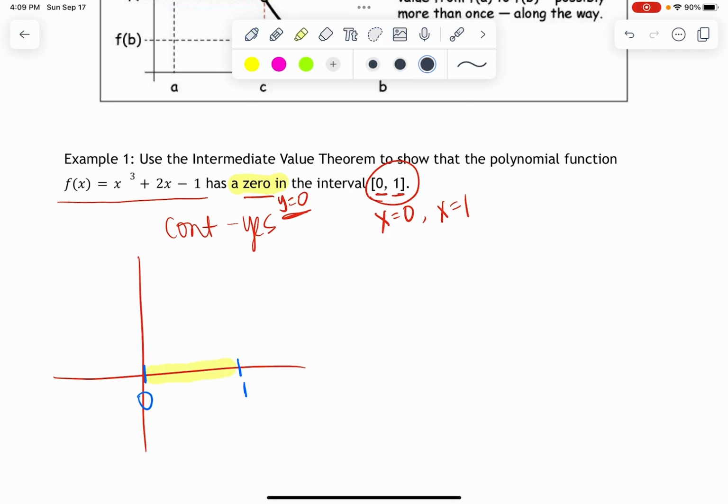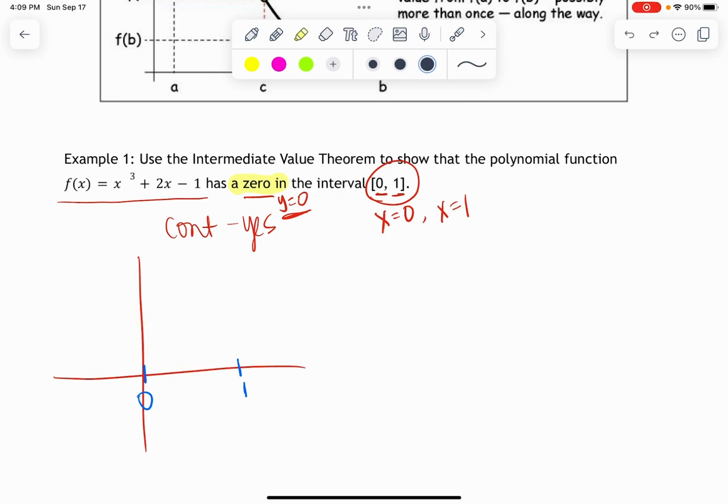The only way that we could guarantee that is if at x equals 0 maybe we're below the x-axis, and then at x equals 1 we're above it, and there would have to be an x-intercept in between them. Or maybe it starts above, ends below, and so it would have to have an x-intercept in between there. So that's what we're looking for.